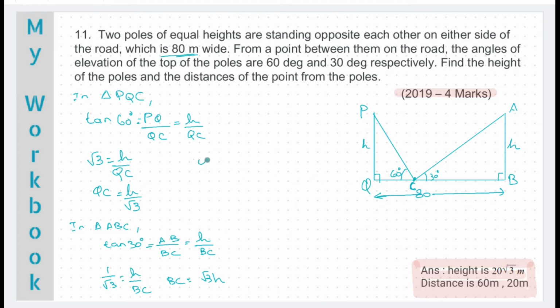If we add QC and BC, the total length is 80. So QC plus BC is the width of the road, which is 80. H by root 3 plus root 3H is equal to 80.